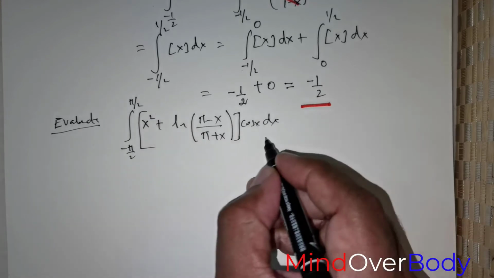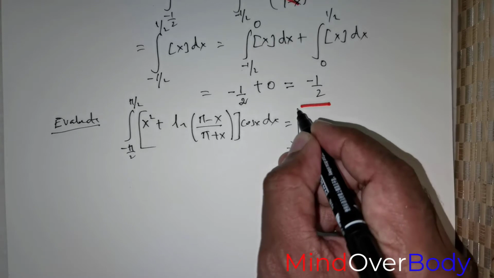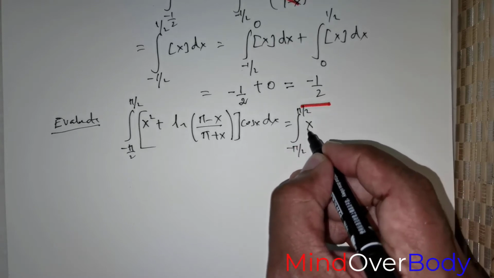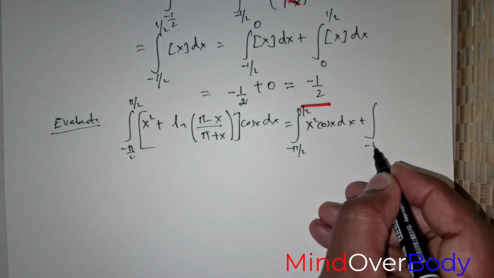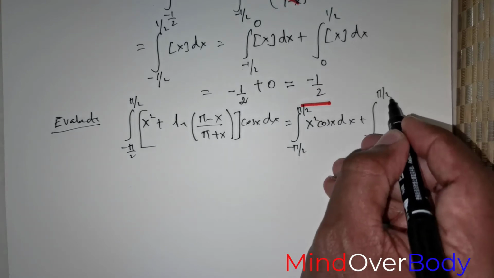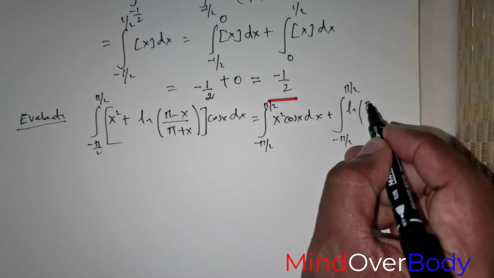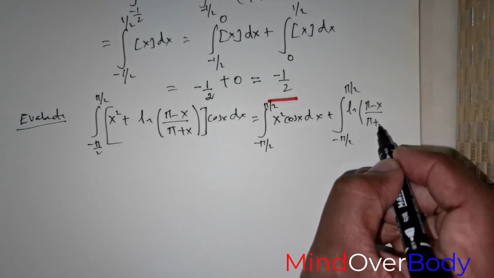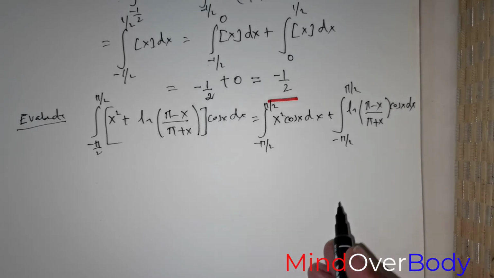Now I can rewrite this as the integral from negative pi over 2 to pi over 2 of x squared times cos x dx, plus the integral from negative pi over 2 to pi over 2 of ln of (pi minus x) divided by (pi plus x) times cos x dx.